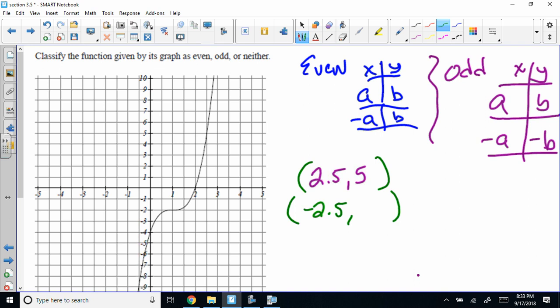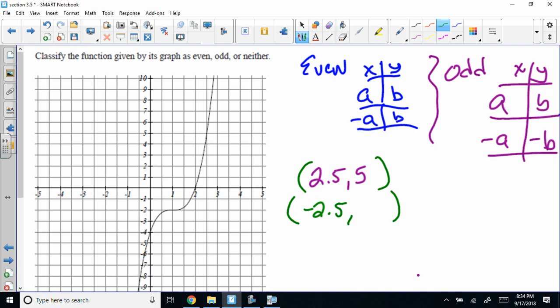Okay, even has symmetry about the y. It's a parabola. Think about a parabola with the vertex sitting right on the y-axis. And when you fold it, it has symmetry, right? Now, when it's odd, it's like a vertical and horizontal both, which is nothing more than a reflection about y equals x, right?